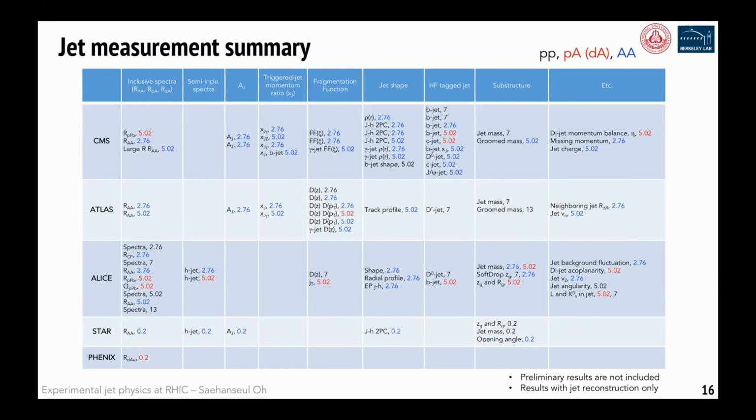A 0.2 GeV particle is the minimum pT particle that STAR can consider. But most of the theory calculation does not have that limit. It just gives whatever lower limit it has, but we do have the experimental limit. It's not really accounted for in the theory calculation, and those small discrepancies may make a large difference at the end. That's what I meant by the discrepancy between theory and experiment.